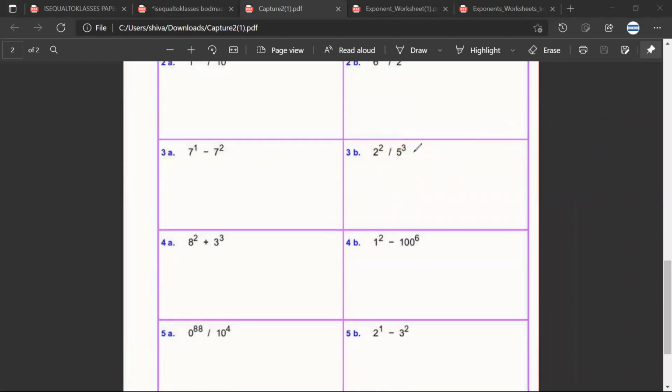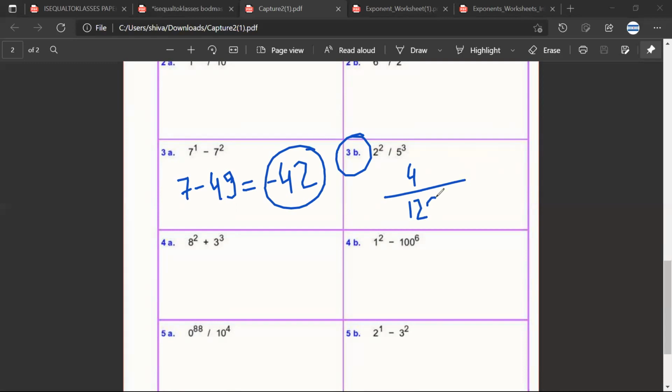Third A. 7 minus 49. Any doubt? No. Third B. 4 divided by 125. Fourth A. 16 plus 27. Sir, 64.